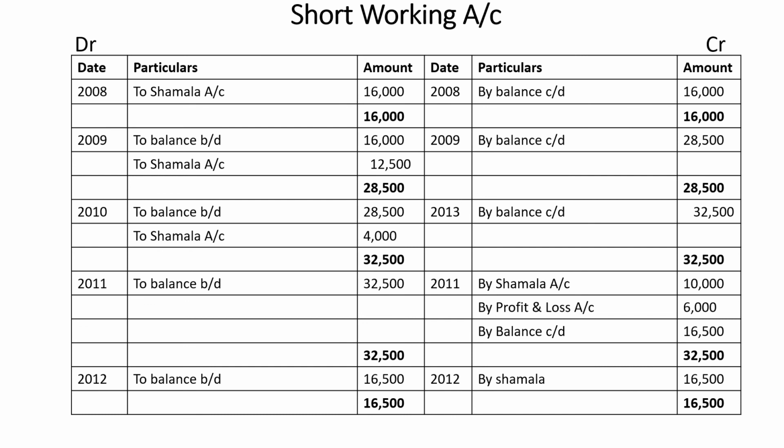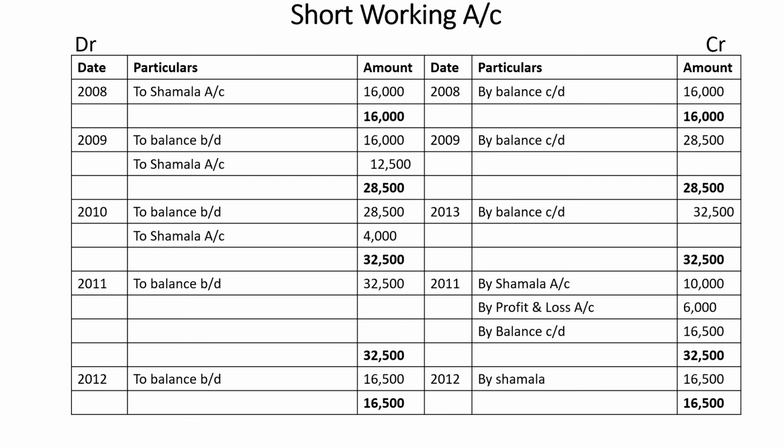In 2011, we are able to recover previous years' short working of rupees 10,000. We are not able to recover the first year's rupees 6,000. So total is 32,500. Finally, last year's cash payment to short working is 16,500, so we are able to pay it.